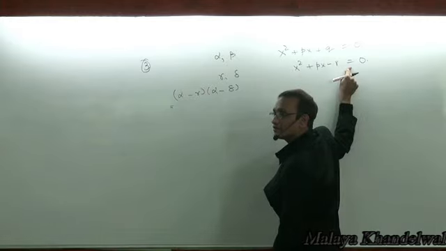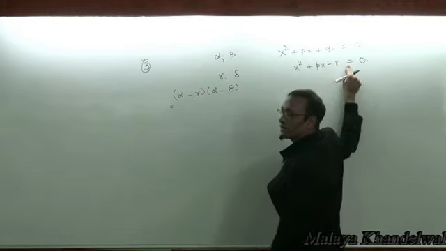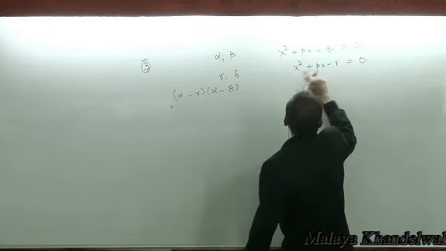Yes or no? This expression x squared plus px minus r has roots gamma and delta, so it could be factorized as x minus gamma into x minus delta. And I want the value of (alpha minus gamma) into (alpha minus delta).